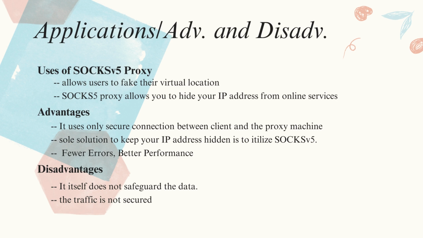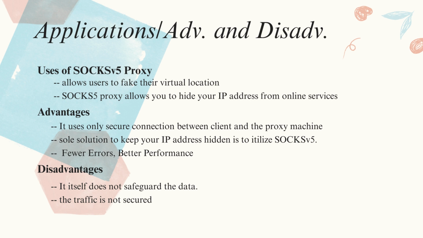Coming to the applications, advantages and disadvantages, the SOCKS version 5 proxy allows users to fake their virtual location. SOCKS5 proxies allow you to hide your IP address from online services to provide greater security.